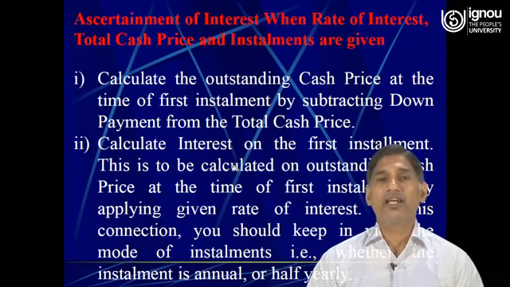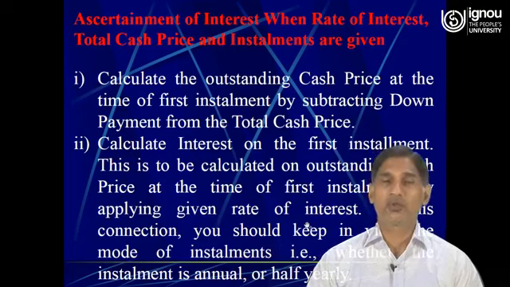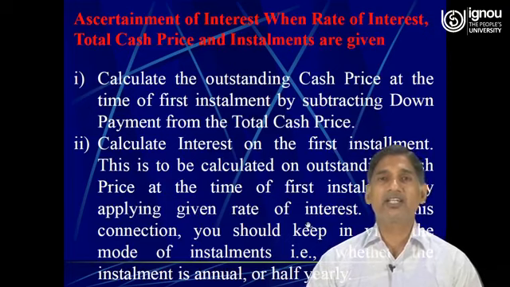Then calculate interest on the first installment. This is to be calculated on the outstanding cash price at the time of the first installment by applying the given rate of interest. So, here we will apply the rate of interest which is given in the question to the outstanding cash price at the time of the first installment.